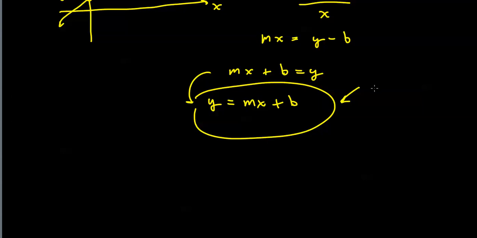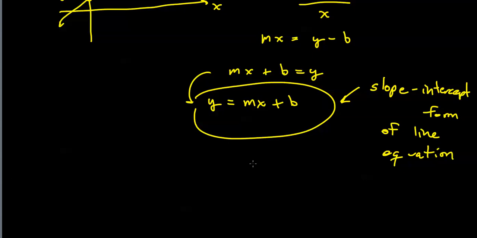This is an equation of a line in slope-intercept form. It's called slope-intercept form because you can easily see by inspection the slope and the y-intercept if your line is in the form y equals mx plus b. Very powerful and certainly the most used form of line equations used today. Okay?